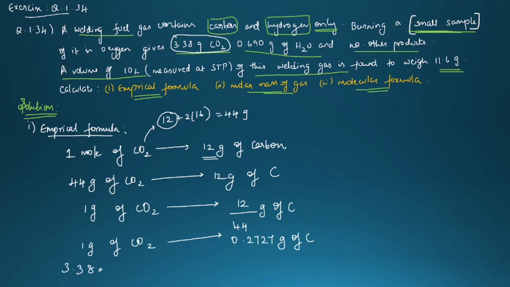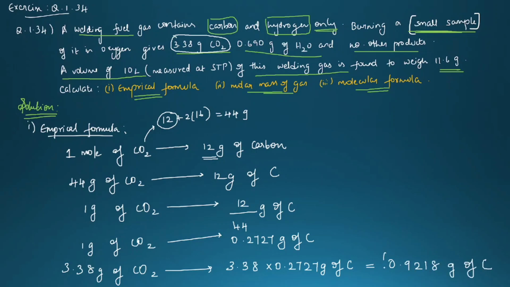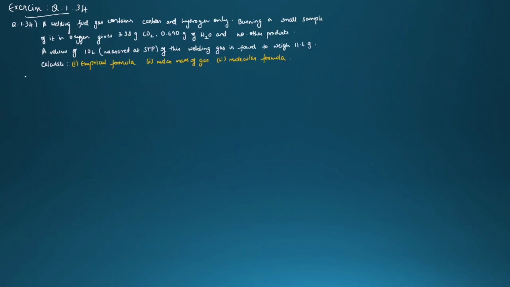And in the question it is given 3.38 grams of carbon dioxide is produced. So multiply 3.38 into 0.2727 grams. So the value will be equal to 0.9218 grams of carbon. So 3.38 grams of carbon dioxide has 0.9218 grams of carbon in it.